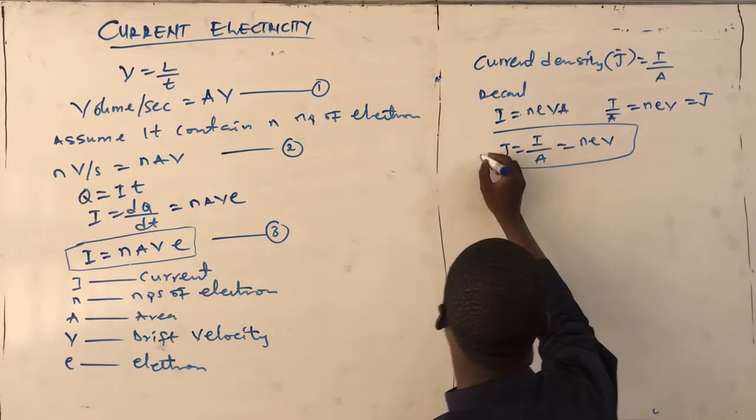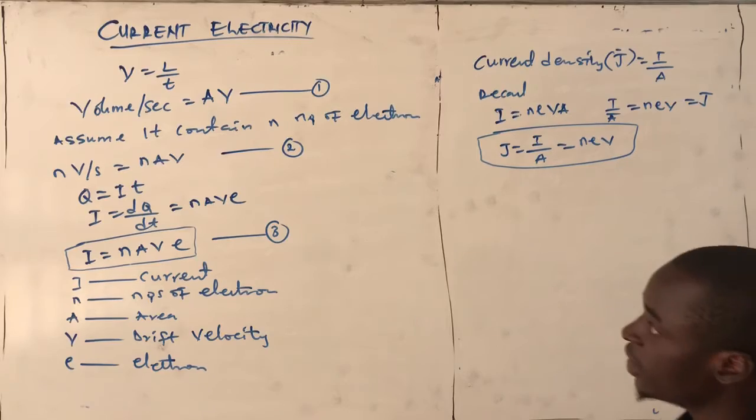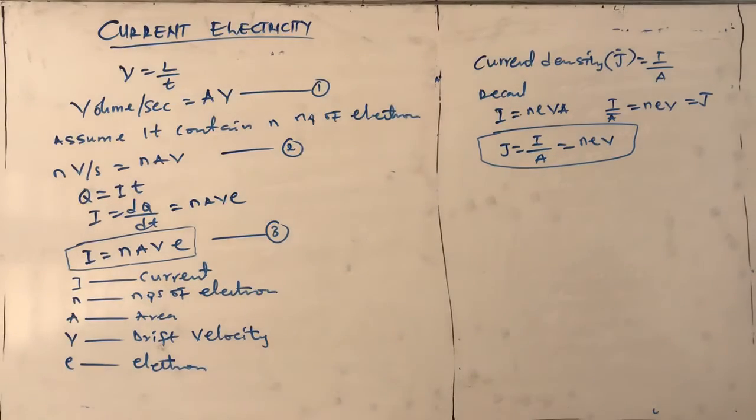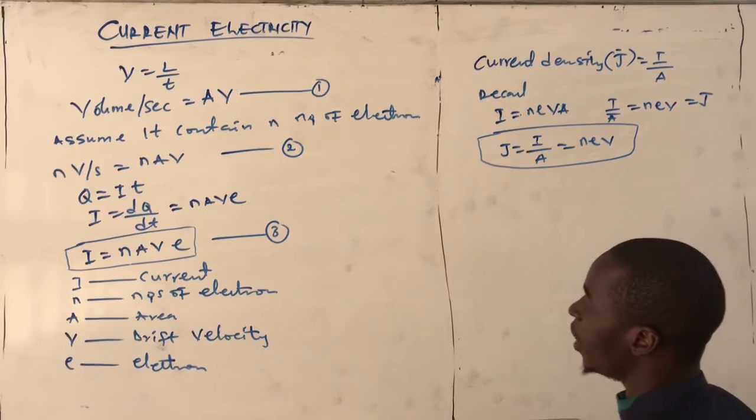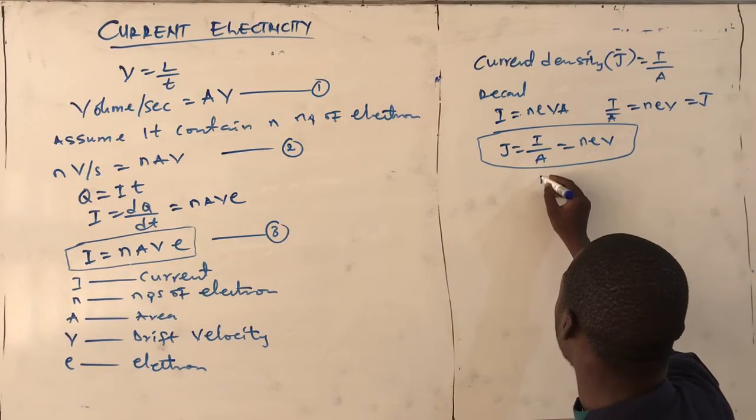So this is the formula to find the current density.